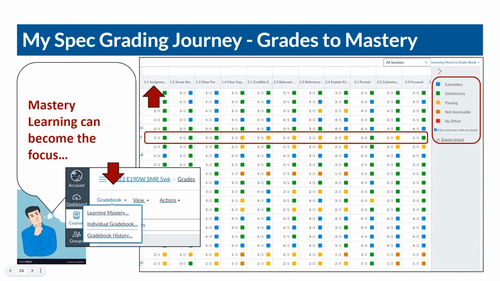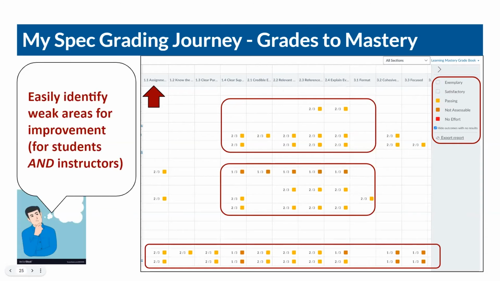Now, as a class, I can see what's going on, but if I want to look at who is not doing as well, not mastering the skills, I can unclick those color boxes and I can see not only who, which is on the left, that are struggling a little bit, but maybe for me as an instructor, what areas they're struggling most. Right? Maybe it's the middle section here.